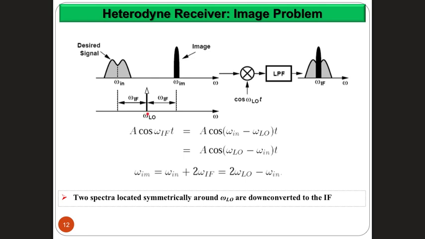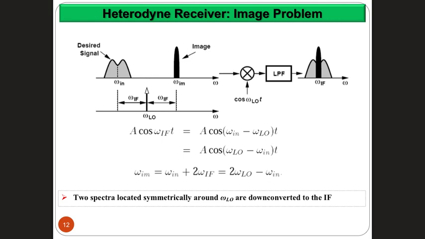Now, unfortunately, if this signal is lower than your local oscillator, and the local oscillator is going to bring it down to the IF, if there is another signal which is higher than the local oscillator and exactly IF distance away from it, this one is also going to be brought down by the local oscillator to the IF stage. So you end up with those two signals, with those two channels interfering with each other. Both of them are going to be brought into the IF stage, right?